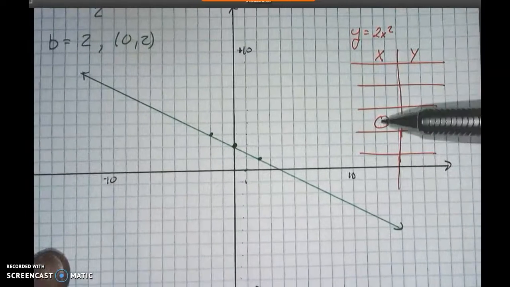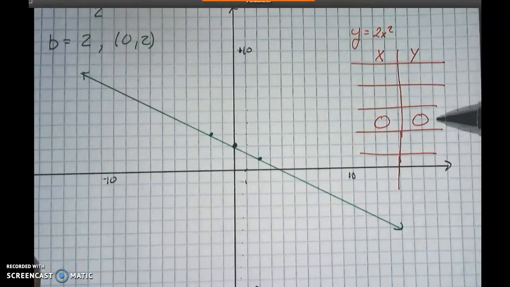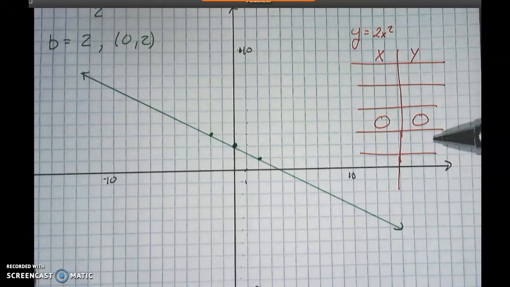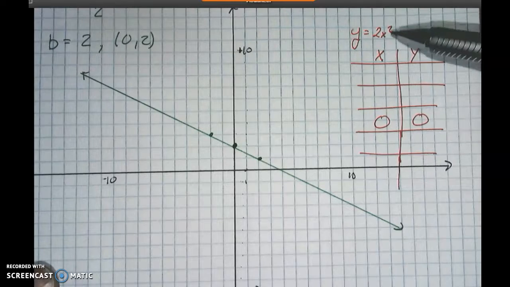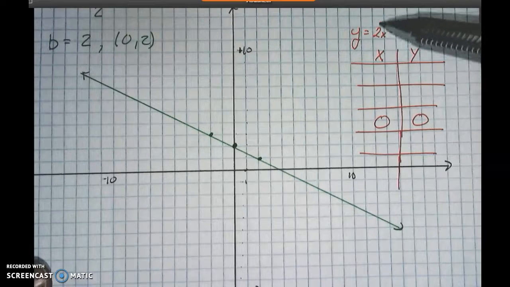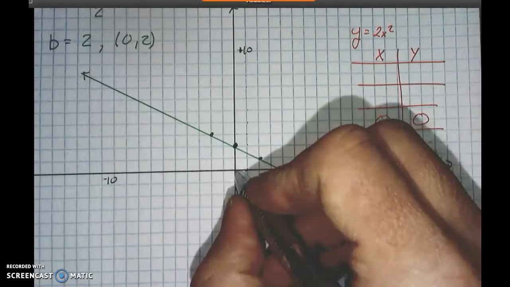And why do I know this is 0, 0? That is the origin. I think the vertex is what you're looking for. Yeah, the vertex, because if I put 0 in, everything goes to 0, that means that y is 0. So I know I'm going to be at 0, 0.